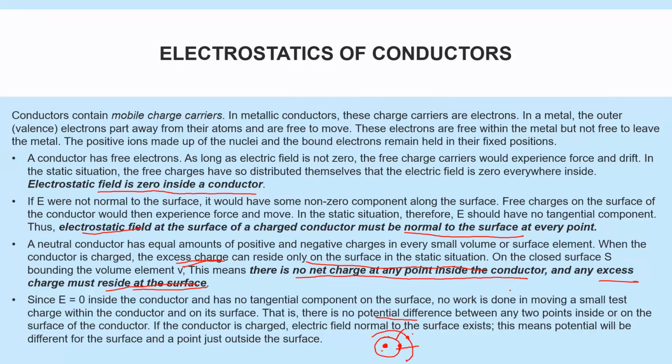The electric field is normal to the surface, and the potential at the surface is going to be different from this point that is outside the surface. So this is another aspect of the conductor.